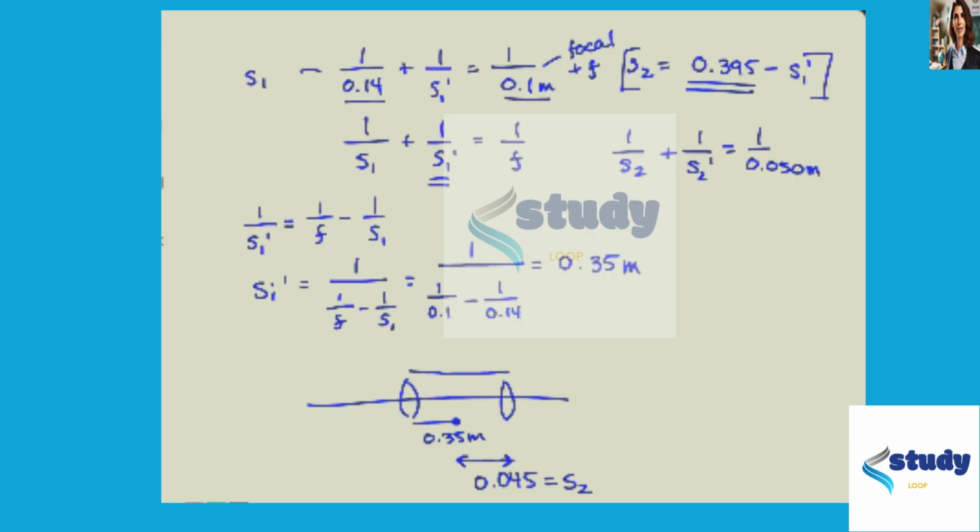So I want to then solve for where the image is being produced for the second lens. So it is going to look very similar to my first equation, where you have 1 over F, I'm going to call this F2, minus 1 over S2, and then 1 over all of that.